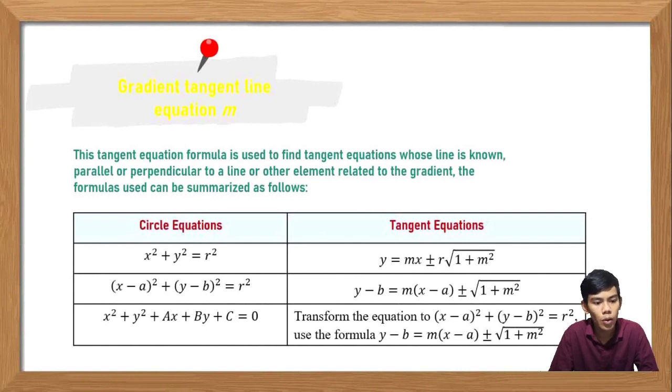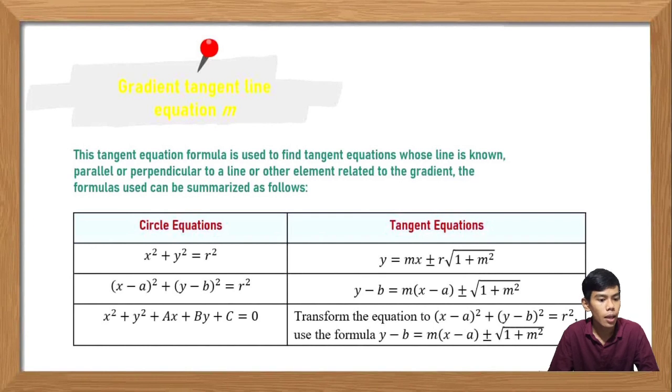If the circle equation is (x minus a) squared plus (y minus b) squared equals r squared, the tangent equation is y minus b equals m times (x minus a) plus or minus r times the square root of 1 plus m squared.